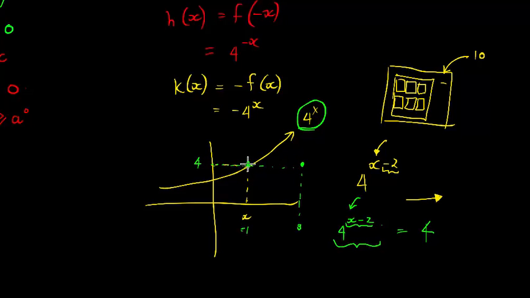So the point that used to be there is now there. If x was equal to 0, I used to have 1 here. Now, if I want this to equal 1, I must have a 2 there. 2 minus 2 now gives me 0. So this point will move to there.